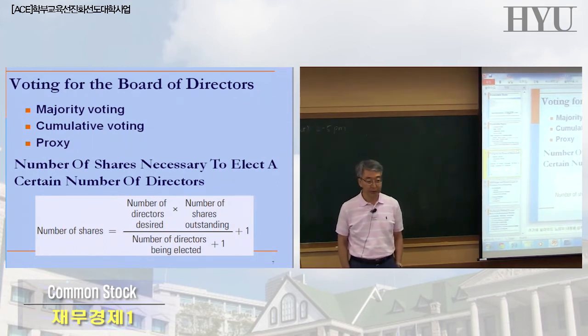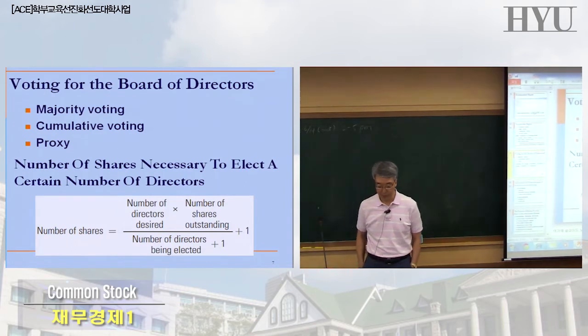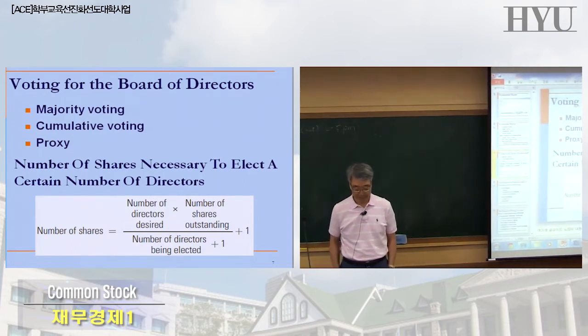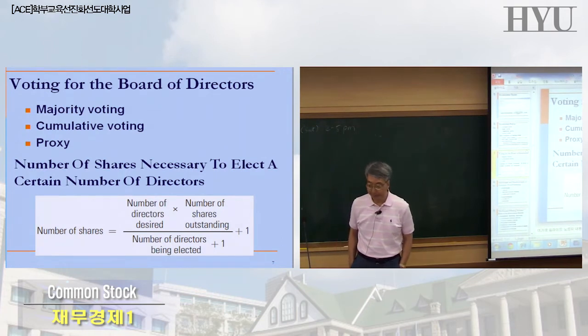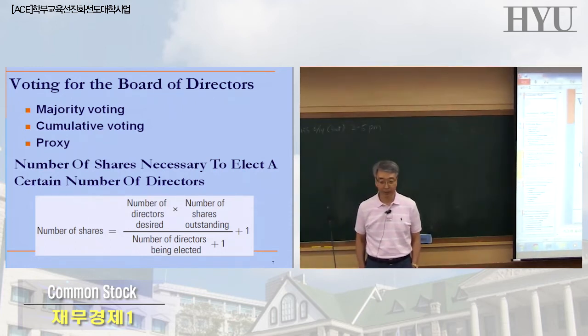Whatever candidate collects the majority votes gets elected. But the problem with majority voting is if you belong to a minority view, then you may not be able to elect anyone of your choice.